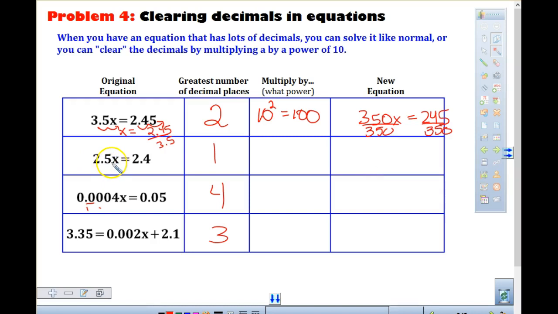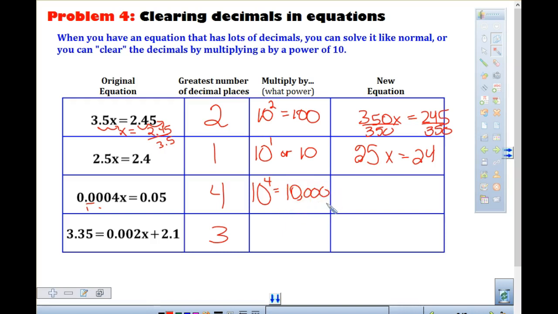This one, if you didn't want to have decimals, you would multiply by 10 to the first, or 10. What would my new equation look like? It would look like 25x equals 24. Now, sometimes it doesn't matter that much, but like in this one, if I'm moving this one over 4 places, 10 to the 4th is the same as multiplying by a 1 followed by 4 zeros.